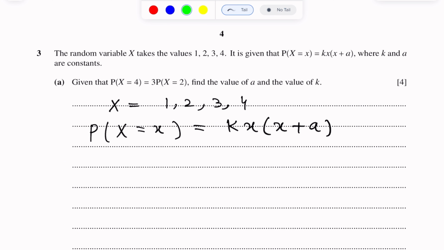First we find the probability of X equal to 1. We will put 1 in this equation.